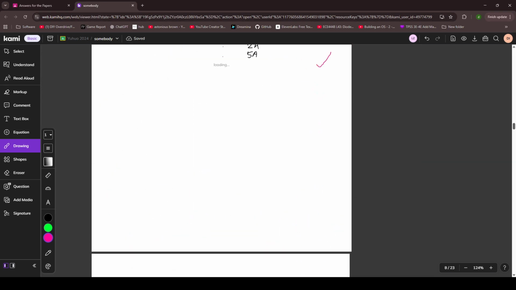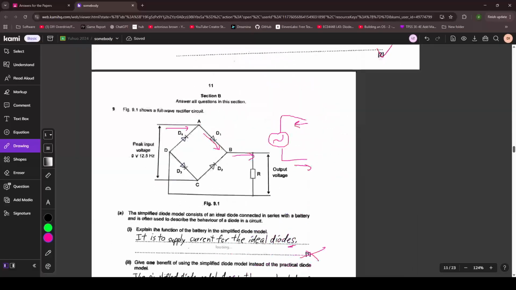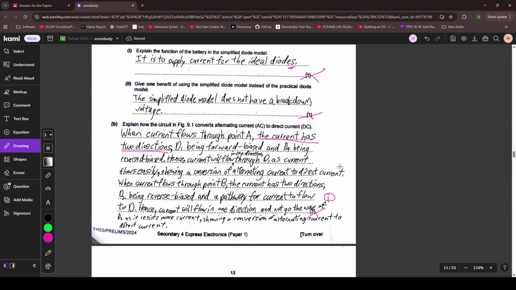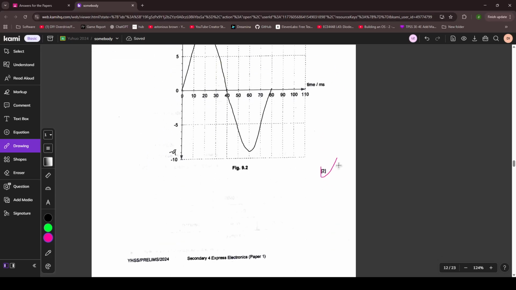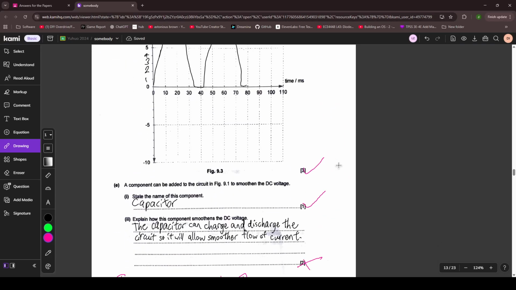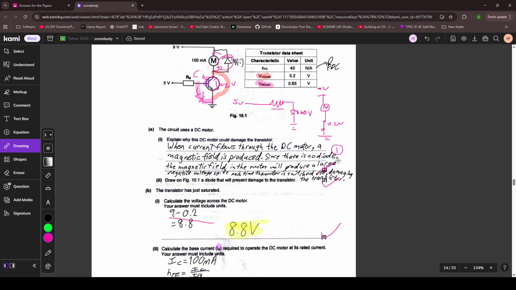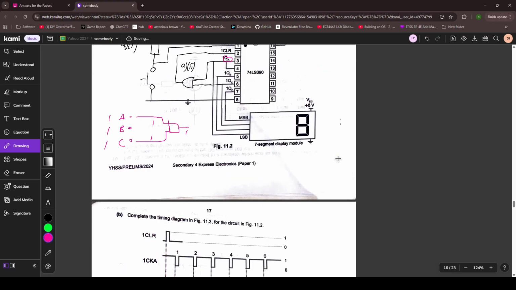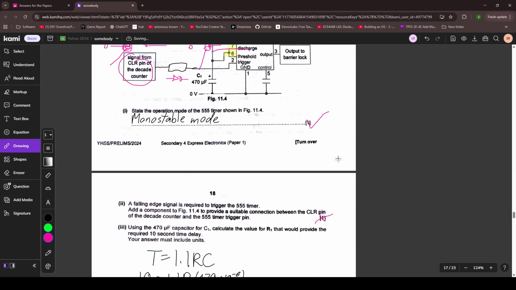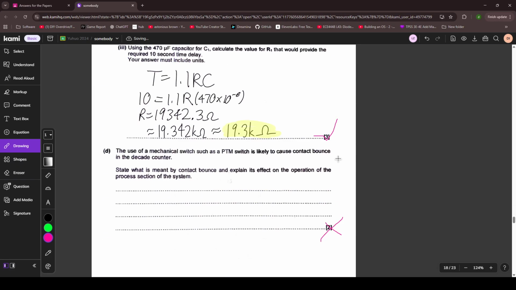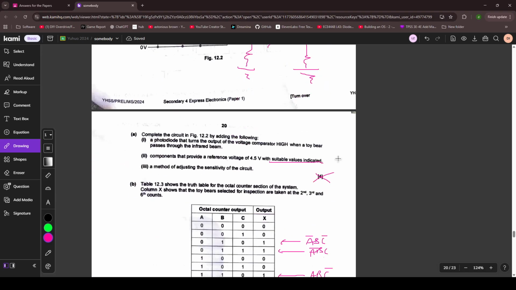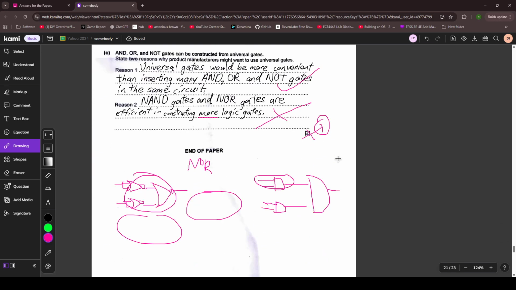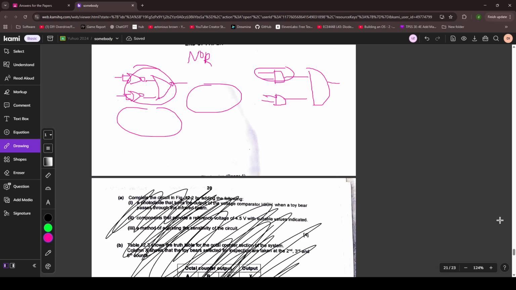So let's tally up your marks. I went back too much. Okay, here. So 1 plus 2 plus 2 plus 3 plus 1 plus 1 plus 2 plus 3 plus 3 plus 3 plus 2 plus 2 plus 4 plus 1 plus 3 plus 3 plus 3 plus 3 plus 1. 43 out of 60.